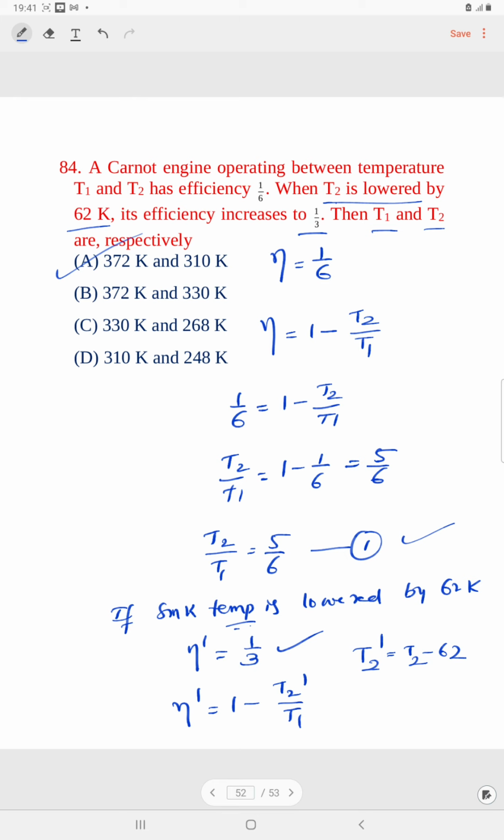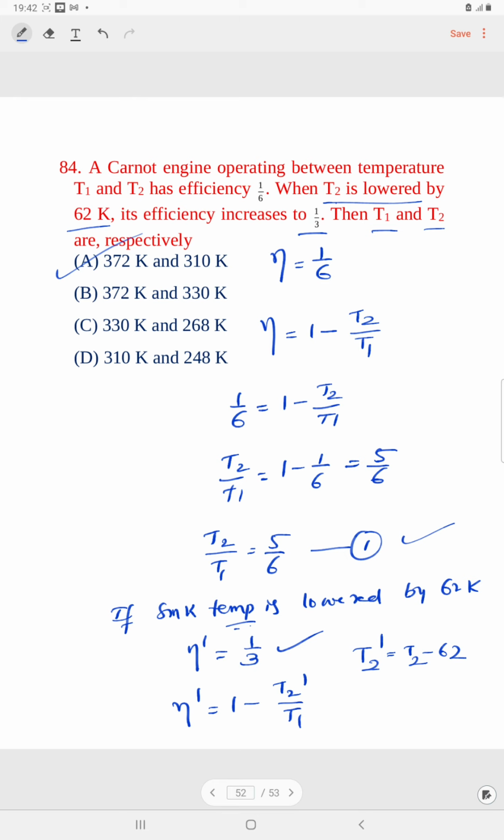Remember one thing, whenever I use the isothermal process, delta U becomes 0. Whenever I use the isochoric process, delta W is taken as 0. Other than the first law of thermodynamics, we have also used the expressions for work done during the isothermal process and work done during the adiabatic process. Out of 84 questions, around 20 to 30 questions are based on the first law of thermodynamics. Please go through that.